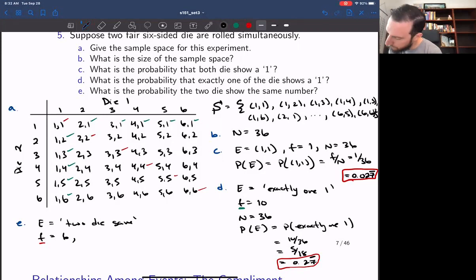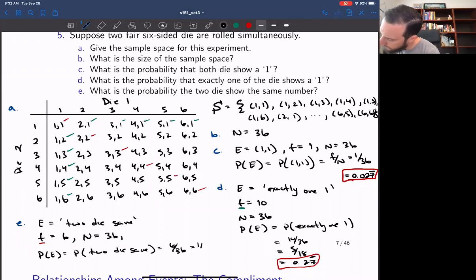So little f equals 6. N equals 36. The probability of E, which is the probability two die same, is 6 over 36, which is 1/6.